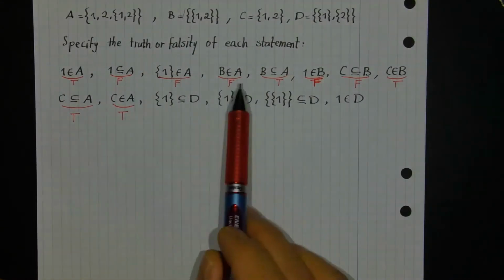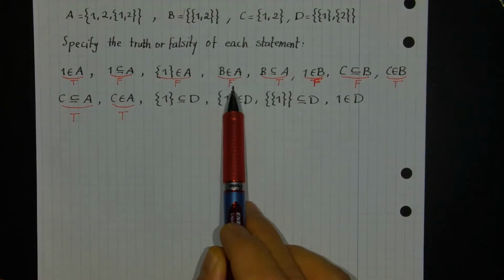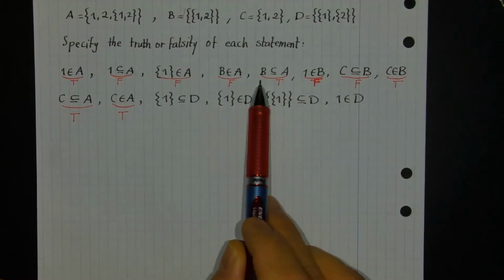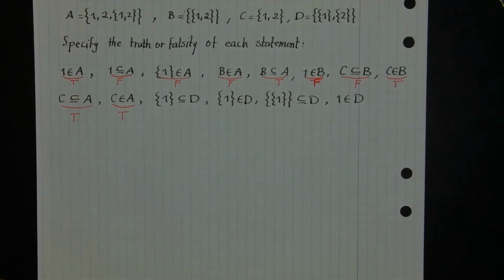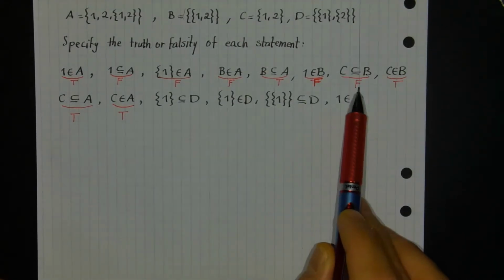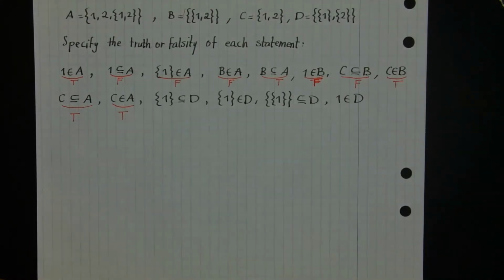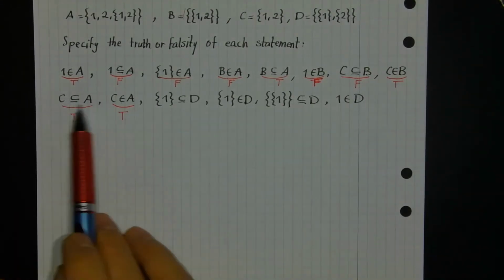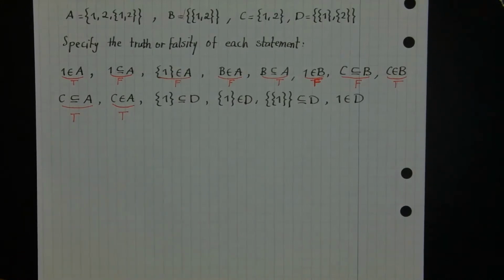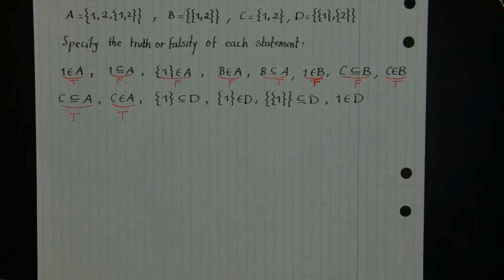You see that in this case, the belonging relation was false, but the subset relation was true. Yes? Here, the subset relation was false, but the belonging relation was true. Here, both of them are true. So it can happen. You can cook up examples where any one of these situations can happen.